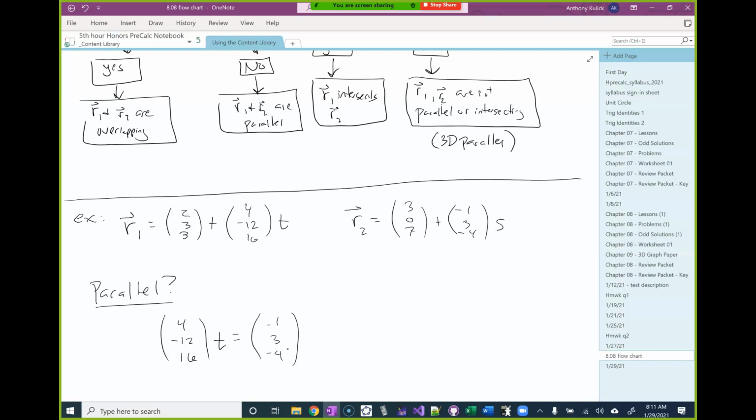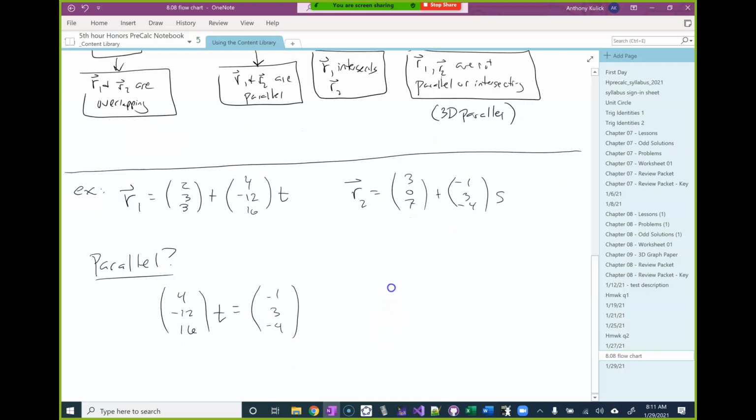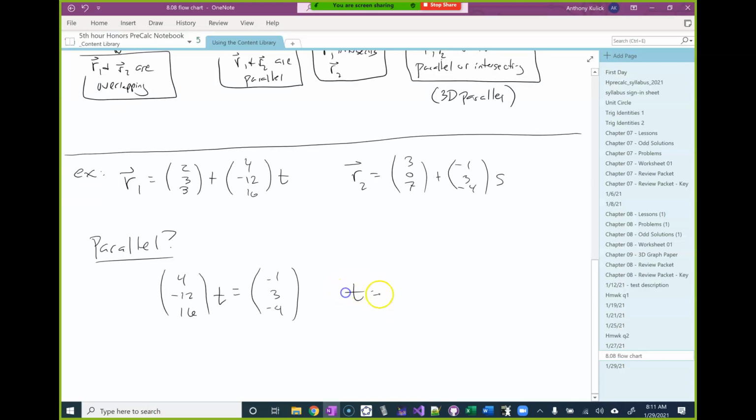And that's easy to see, right? We can do that by inspection. I can see that if t is negative 1/4, that definitely holds. So I'm not even going to bother writing the system out. It's easy to see right away that one of the direction vectors is a scalar multiple of the other.